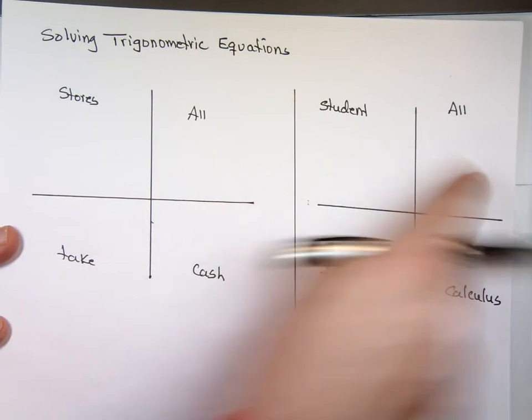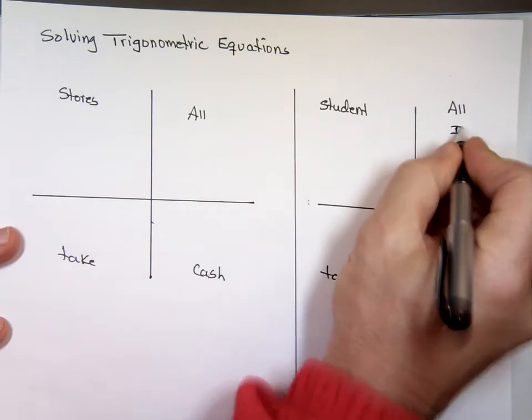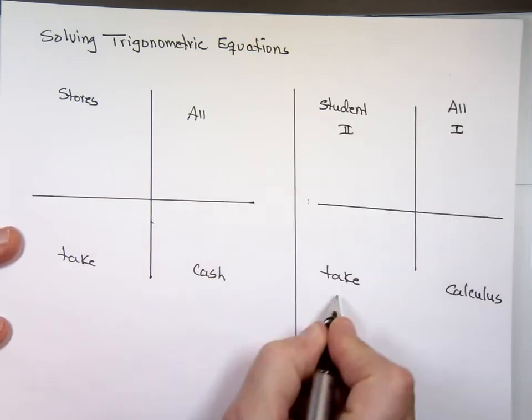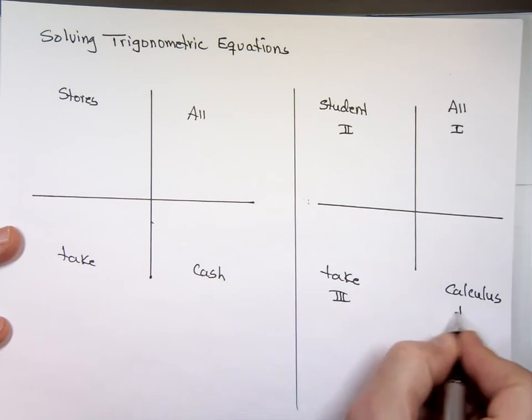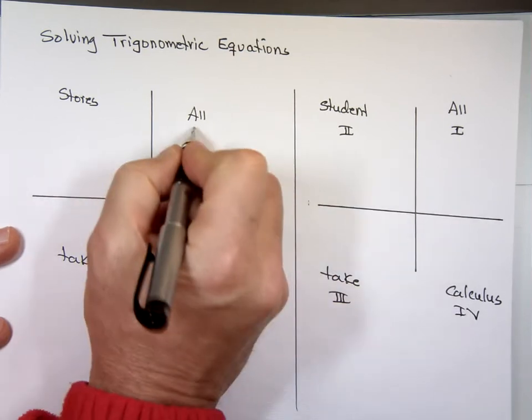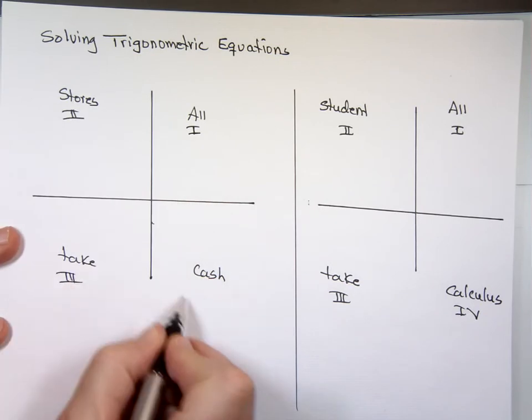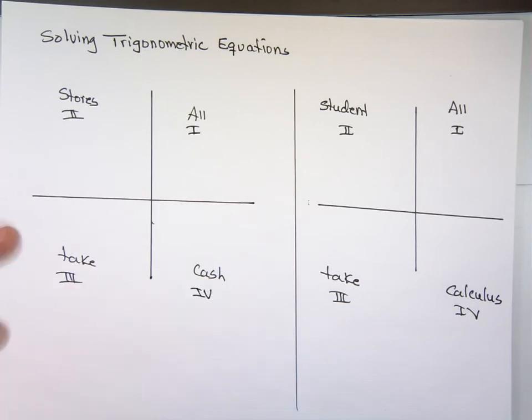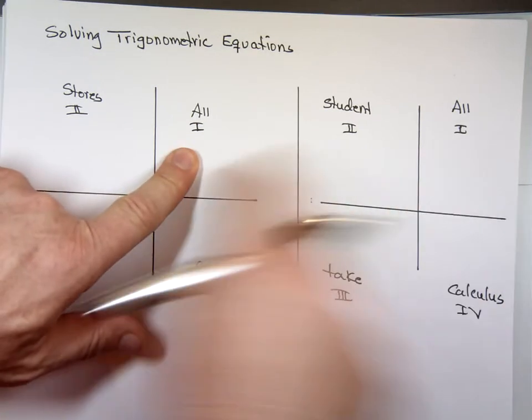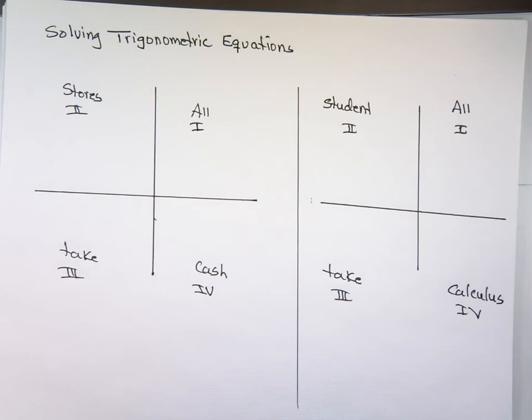This one in the first quadrant, that's quadrant 1, that's quadrant 2, that's quadrant 3, and that's quadrant 4. In the first quadrant, regardless which one we use, who is positive?